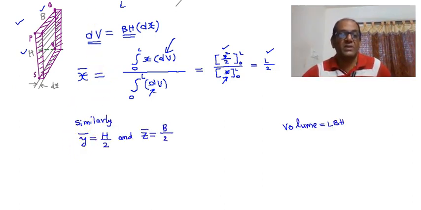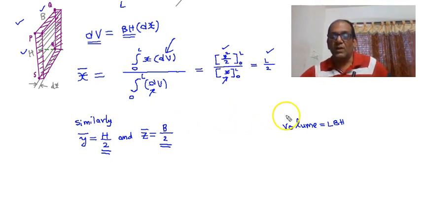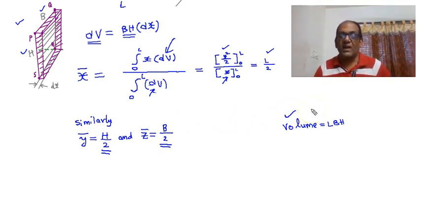In a similar fashion, we can show that the y coordinate is h over 2 and z coordinate is b over 2. That is for a rectangular parallelepiped. The centroid will be located by setting off distances halfway across length, height, and breadth. In passing, we may note that the volume of this rectangular parallelepiped is given by LBH.